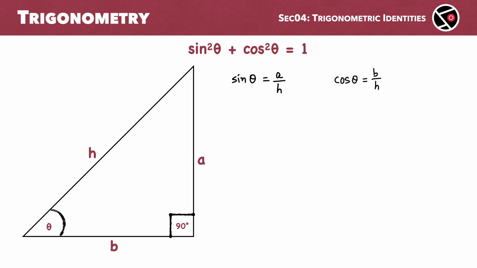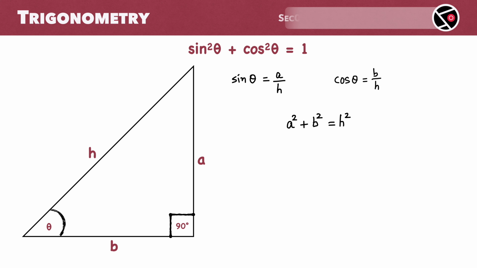Alright, we have got our right-angled triangle. Now let's apply the Pythagoras theorem. The sum of the squares of the two sides equals the square of the hypotenuse. A square plus B square equals H square. Now dividing both sides by H square.